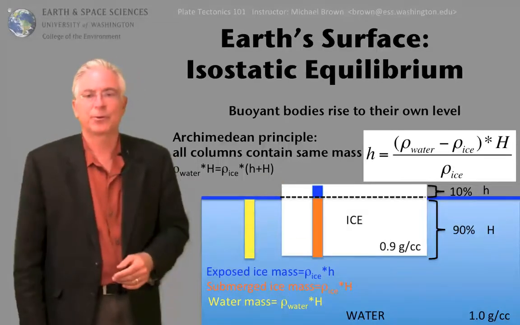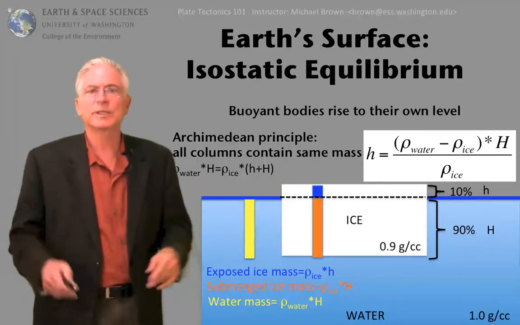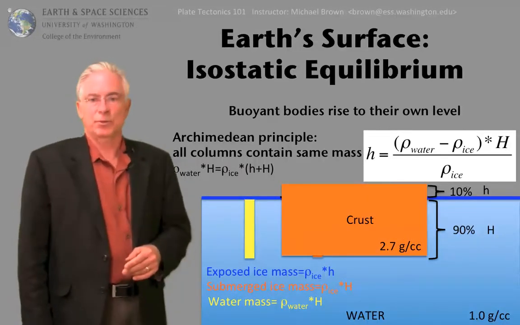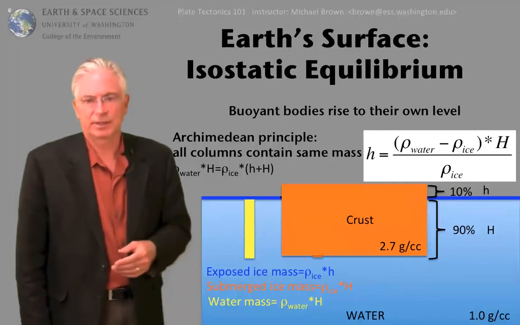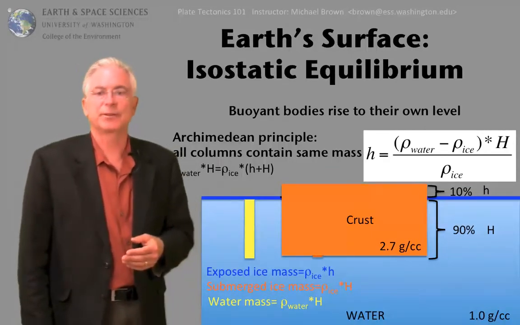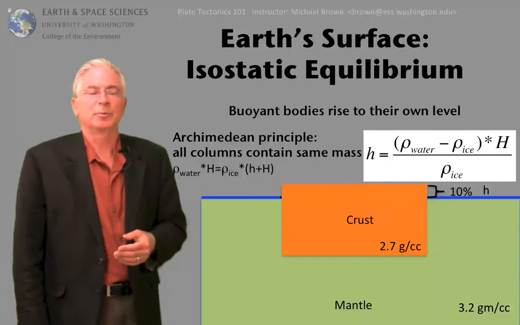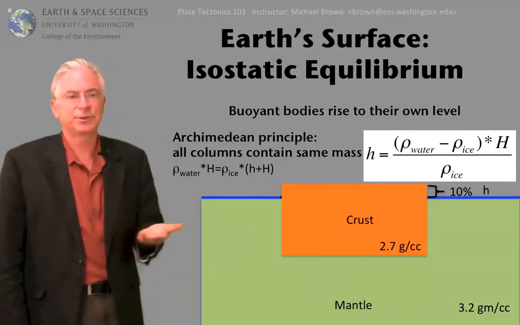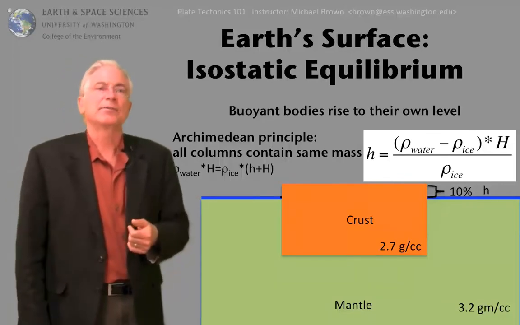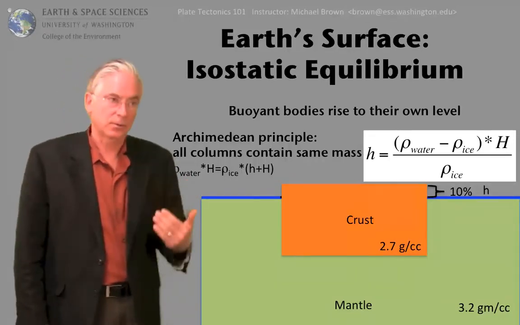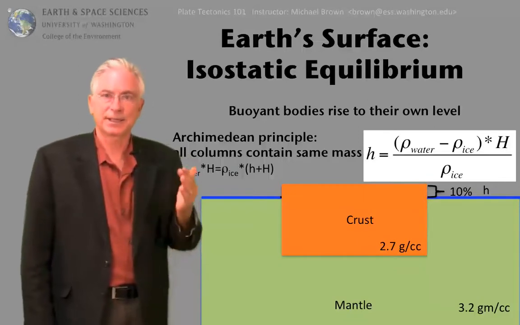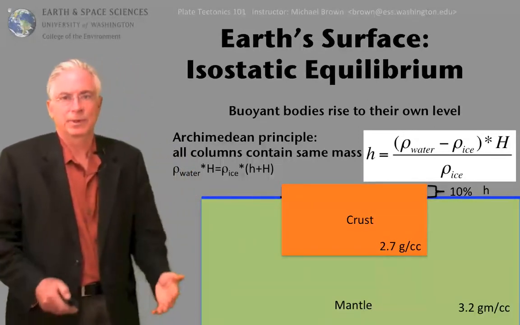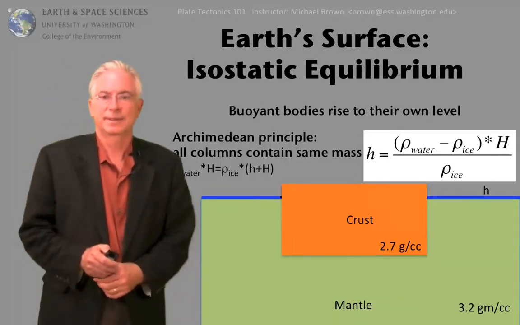Very simple for ice and water, and it's equally simple for crust and mantle. So if we replace the ice with a crust, which has a density, continental crust of around 2.7 grams per cc, and we replace the water with mantle that has a density of about 3.2, you see there's a 0.5 gram per cc difference in density. The crust can actually float in the mantle as long as the mantle ductily deforms under the load given by the crust.